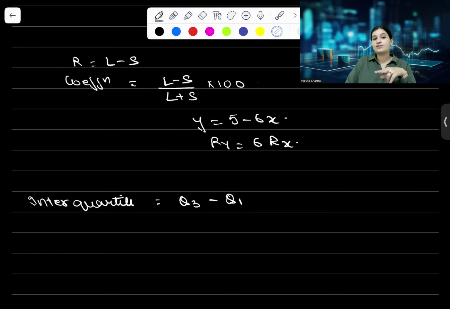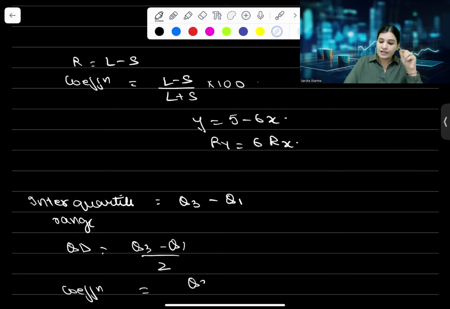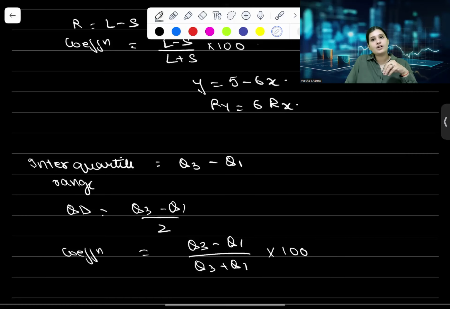The difference between these two quartiles is known as interquartile range, and the quartile deviation is semi, that means half of this. The coefficient of quartile deviation was Q3 minus Q1 by Q3 plus Q1 into 100.